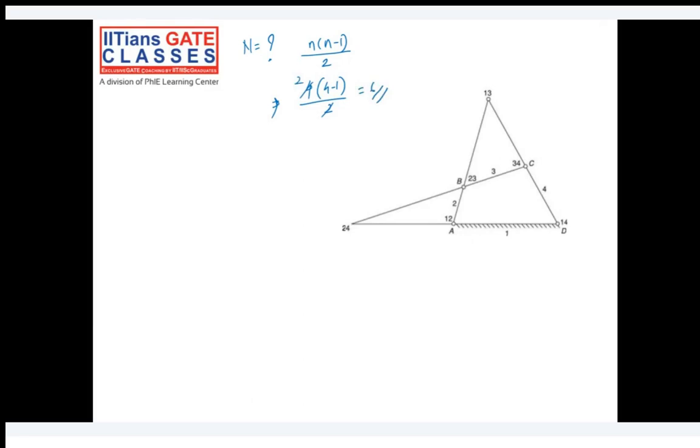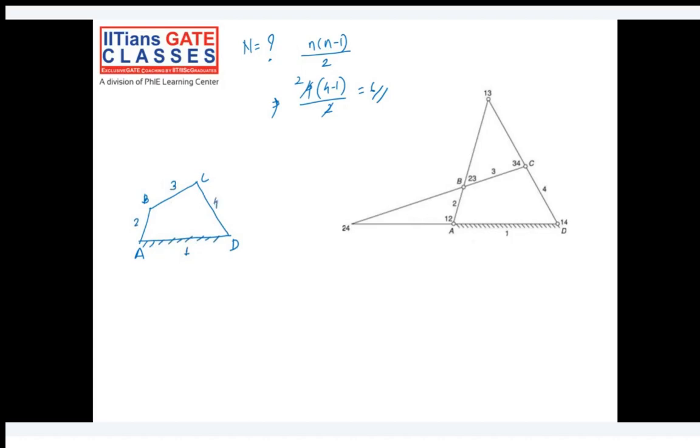So in this case, basically this is how our diagram is. We have, okay, A, B, C, and D. Okay, this is link number 1, 2, 3, and 4.